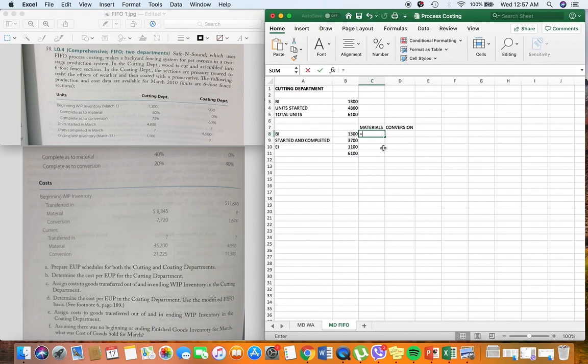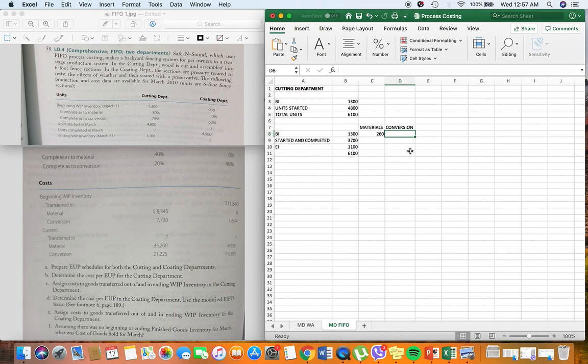So what we're going to do is multiply 1,300 actual units by 0.2 or 20%. So we'll get 260. Okay? And then, as far as conversion, the beginning inventory is already 75% complete as to conversion.